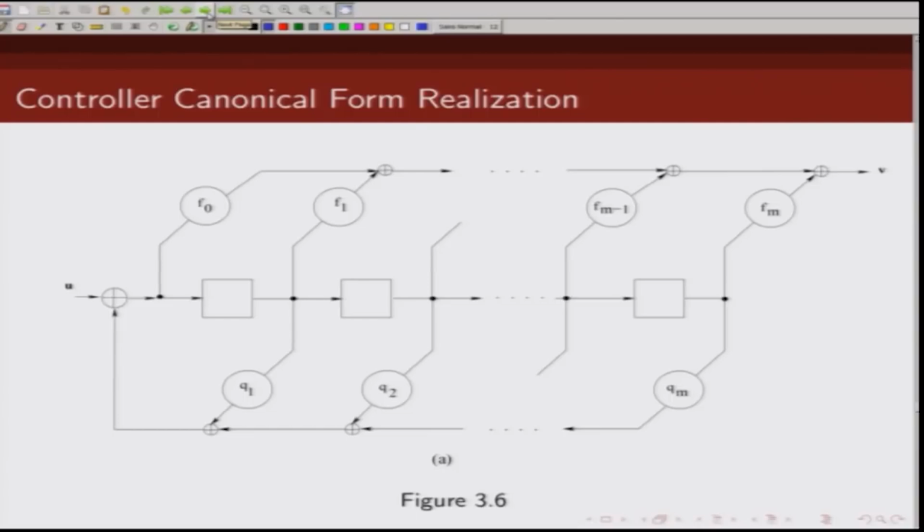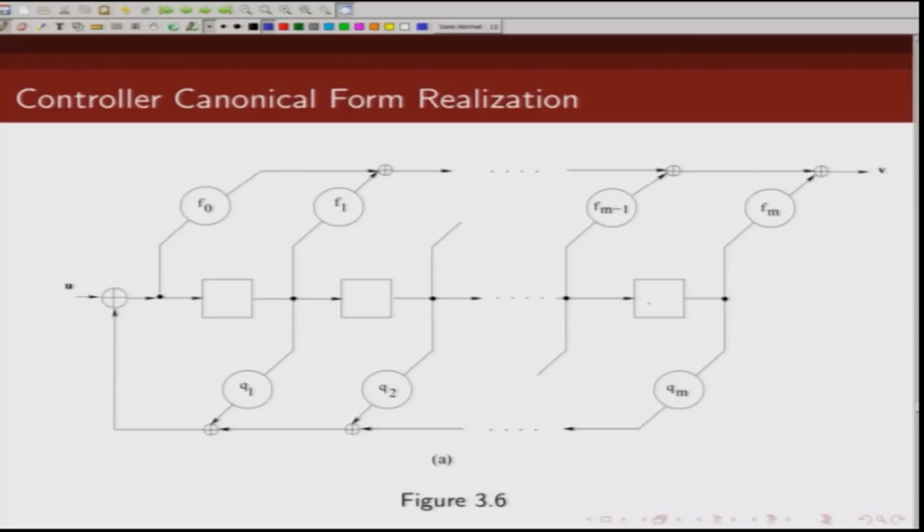So, you can see this is f0, this is f1, this is f2, and whether there is a connection from this input to the output, depending on that, f0, f1, f2 will be either 1 or 0. If there is a connection, this will be 1, if there is no connection, this will be 0. So, you can see this is f0, this is f1d, f2d square, like that.